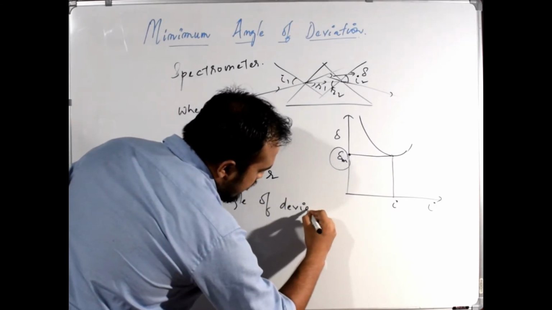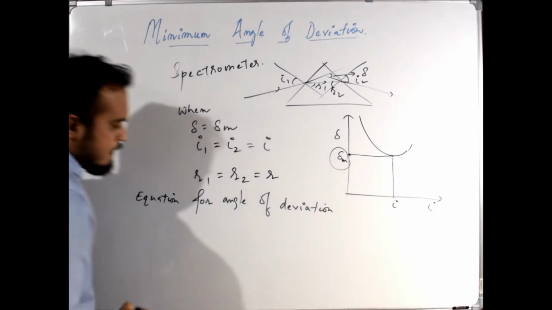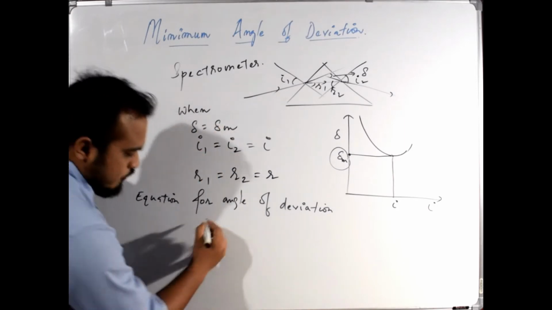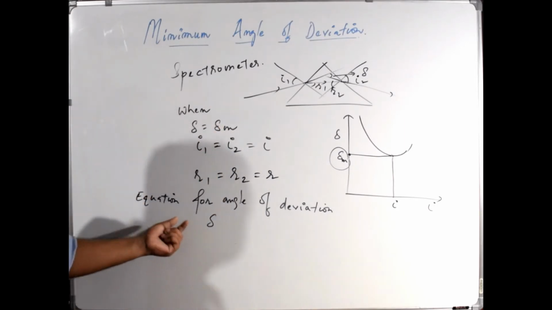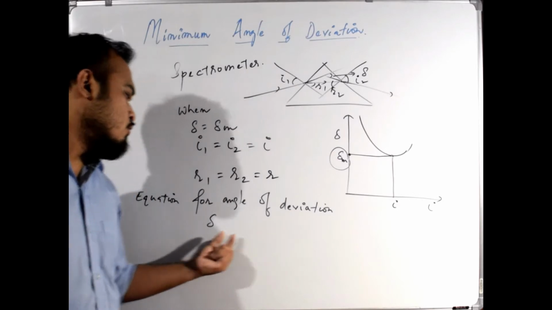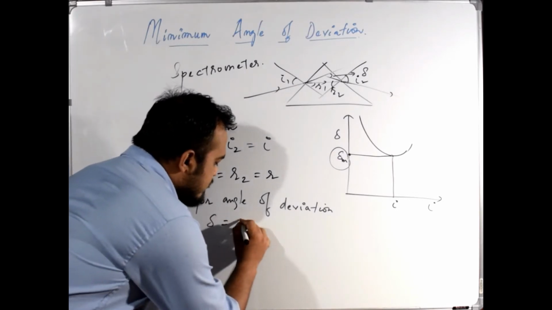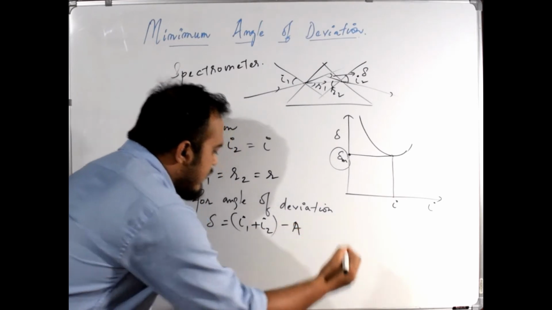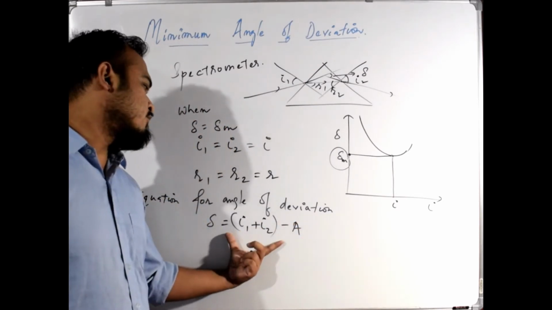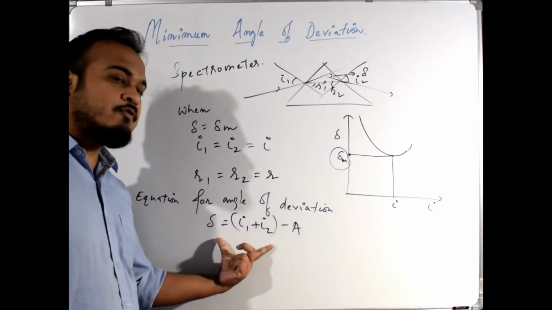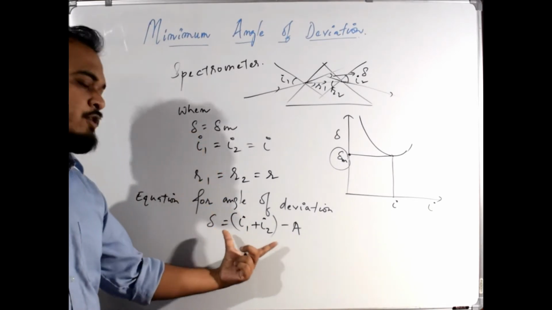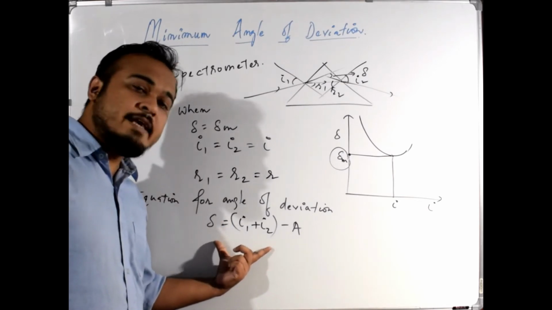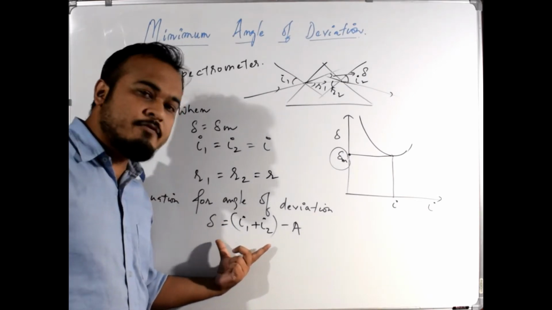We know from the equation of the angle of deviation that delta is equal to I1 plus I2 minus A, which you have seen in the previous video.